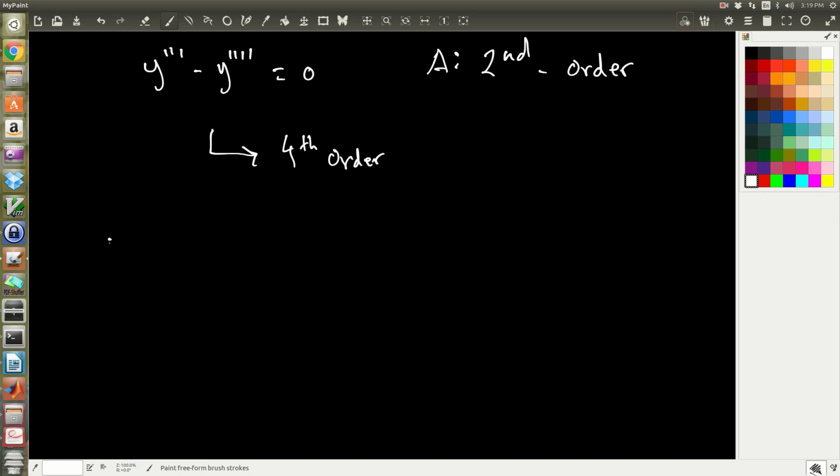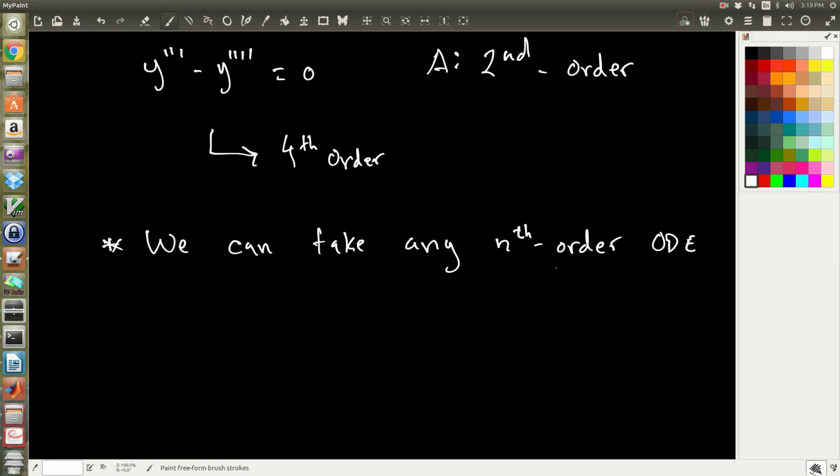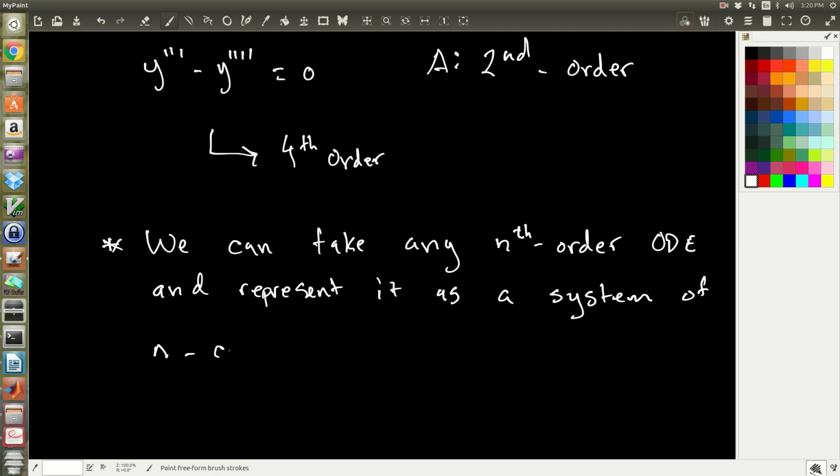we can take any, and this is important, so I'm going to write it down, any nth order ODE and represent it as a system of n coupled first order ODEs.